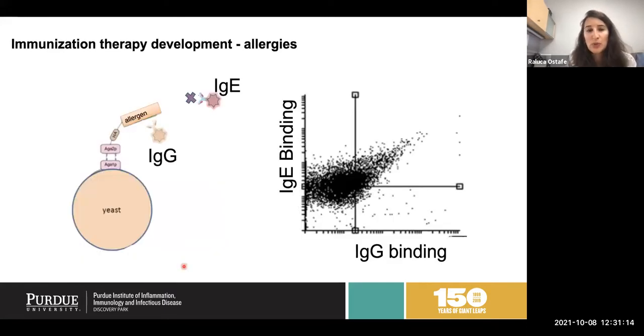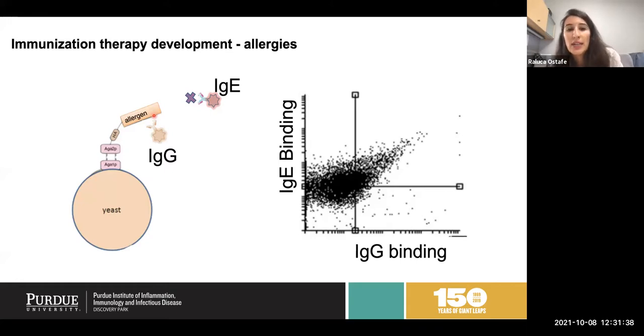Anyway, our approach was we actually made a library of allergens. We expressed, displayed on the surface of the yeast cell, a library of allergens. We introduced random mutations in one of the specific proteins that is expressed in kiwi and is responsible for creating the allergic reaction.